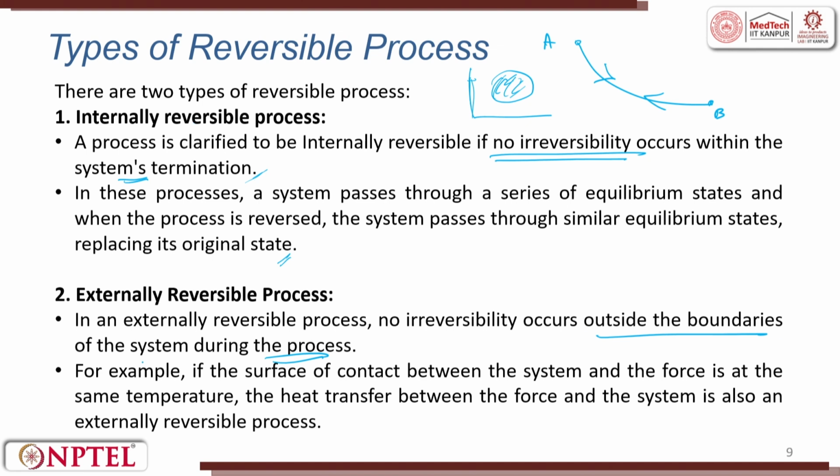Then outside the boundaries of the system during the process is external reversible process. For example, if the surface of contact between a system and the source is at the same temperature, the heat transfer between the source and the system is also an external reversible process. Okay, internal reversible, external reversible.